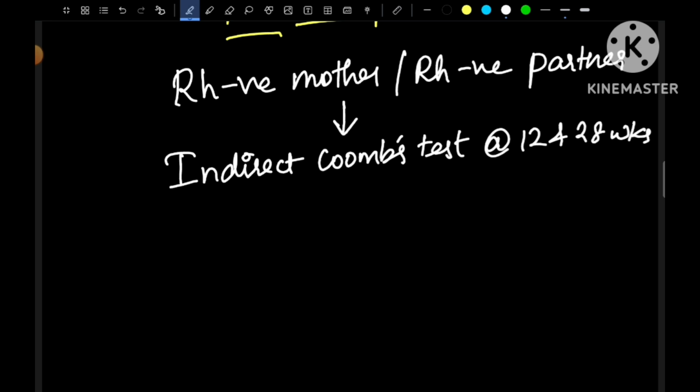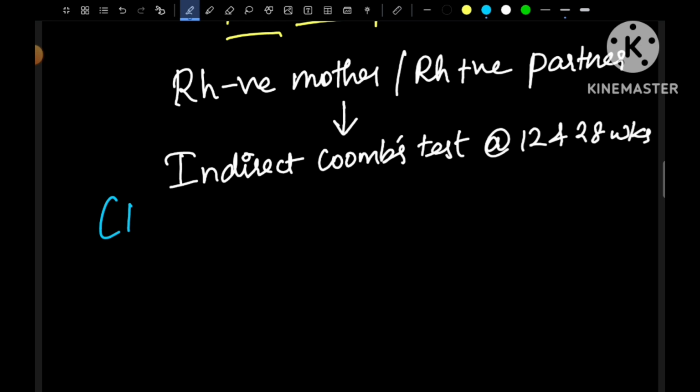Okay. So first, if we find an RH negative mother and her partner is RH positive, then what we first have to do is an ICT, indirect Coombs test, at 12 and 28 weeks. Why is this Coombs test done? That we have to know.